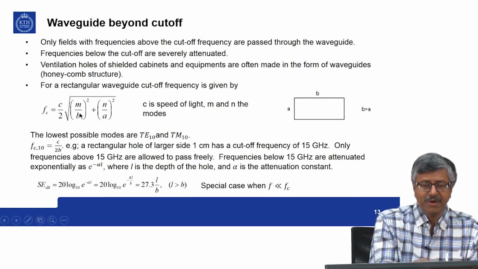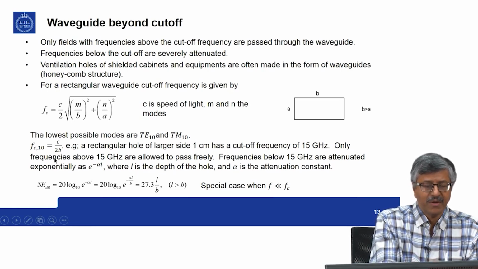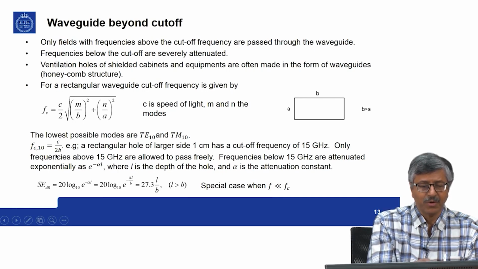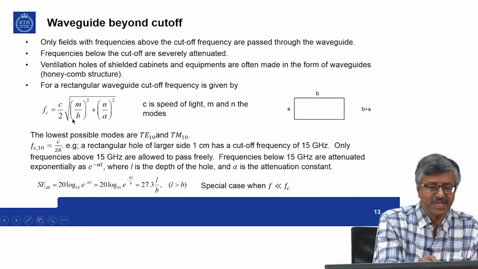So, m will be 1 in TE and n will be 0. For example, if you take a 10 mode, FC10, whether it is electric or magnetic, then you get this expression as C by 2B. This part is 0 and this is 1.